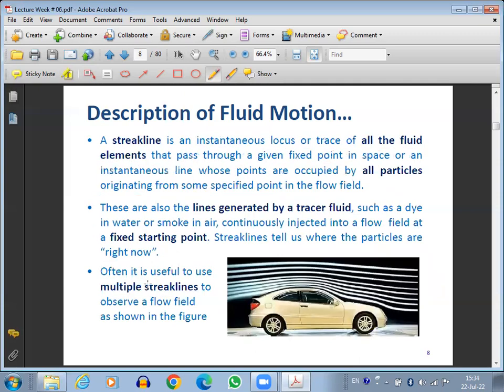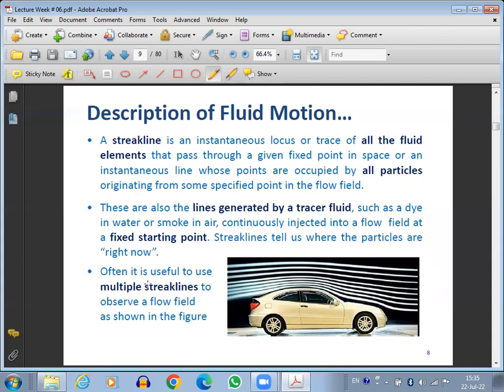Then we have another line which is known as a streak line. Now, what is a streak line? A streak line is also another line which is used to define a fluid flow, and this is used very commonly. Suppose there is a fluid flow field and fluid is flowing. If I look at it, there are no lines visible.